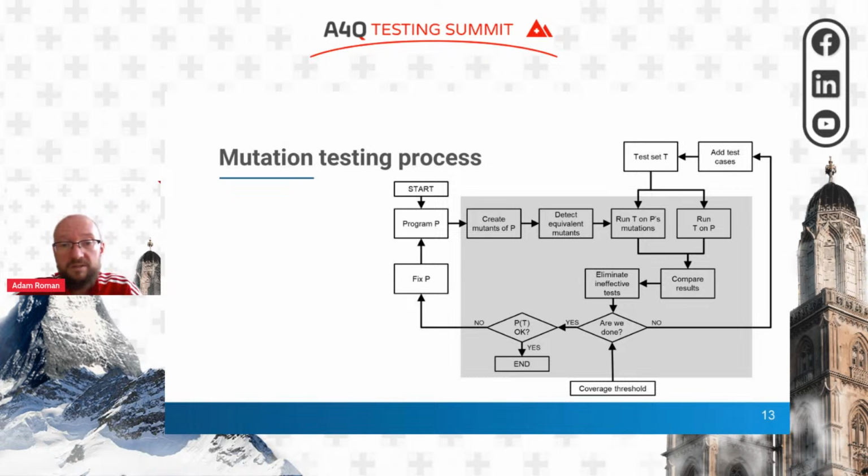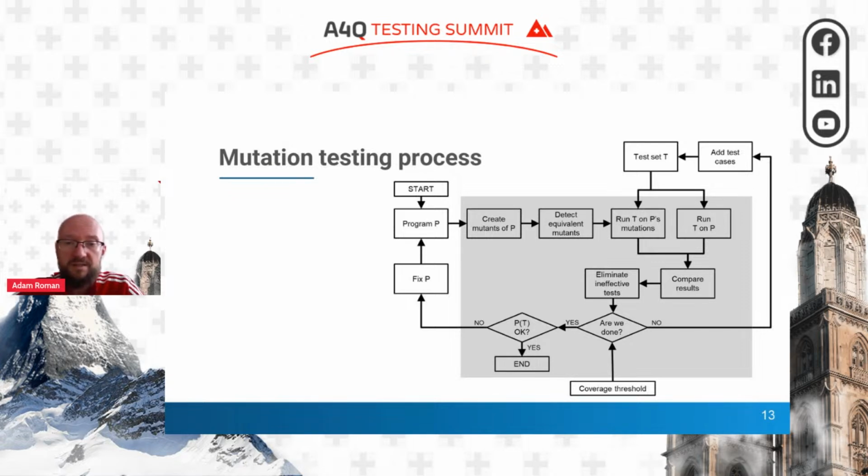Then we run our tests both on the original program and on the mutants, and we compare results. If we killed all the mutants, it's okay. If there is a mutant that was not killed by our test suite, we can add some new test cases that could do this.